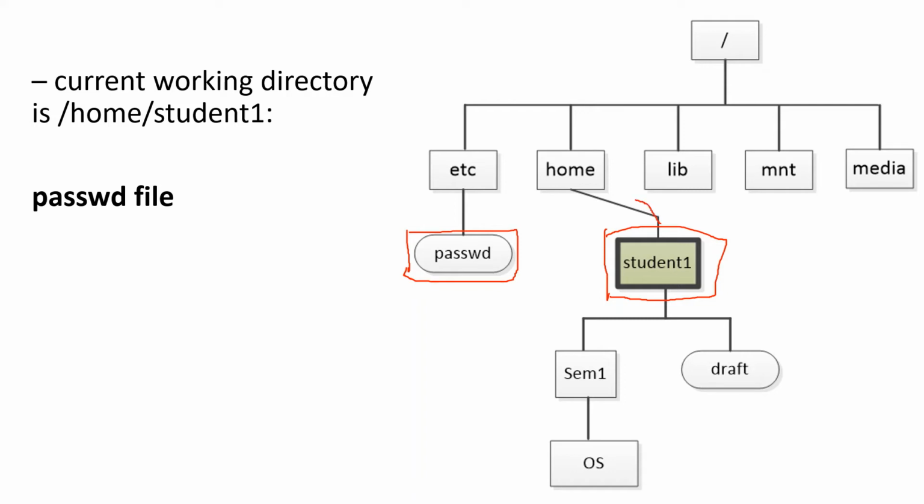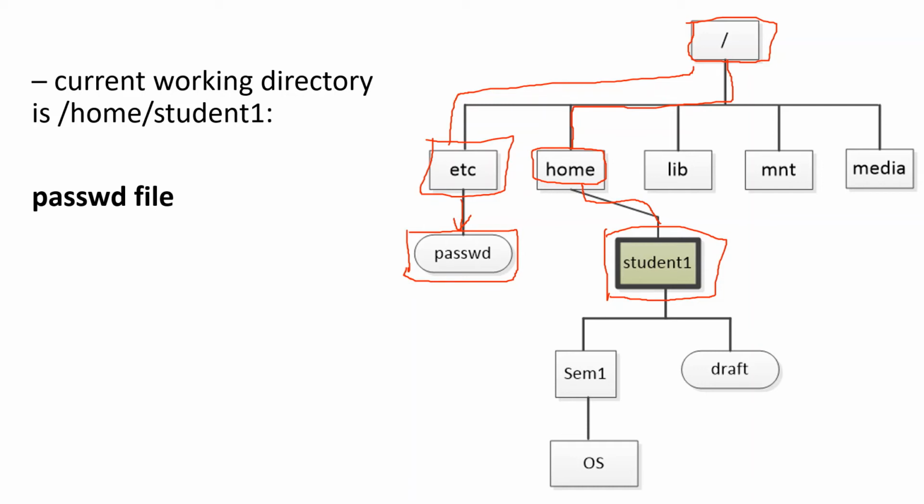We need to go up from student1, and then go to the top, and then go back down to etc, and only then can we reach the password file. Meaning we go up twice, and then only we can go down to etc/password.